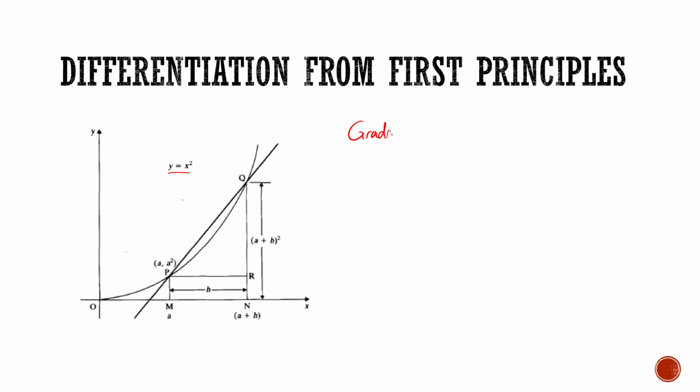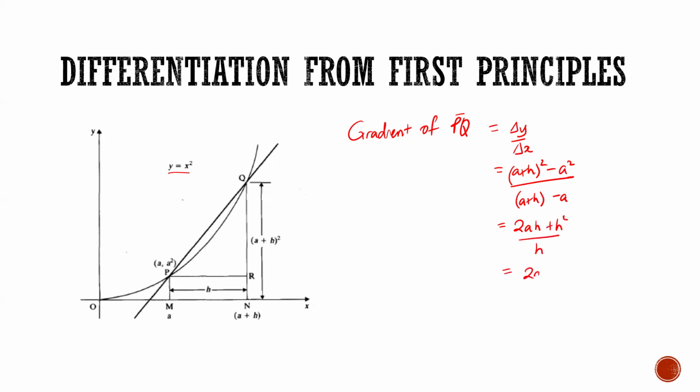We know that the gradient of the chord PQ in this case is given by the change in y divided by the change in x. The change in y in this case is (a plus h) squared minus a squared. The change in x is a plus h minus a. This should give you 2ah plus h squared over h, which is simply 2a plus h. This is the gradient of PQ.